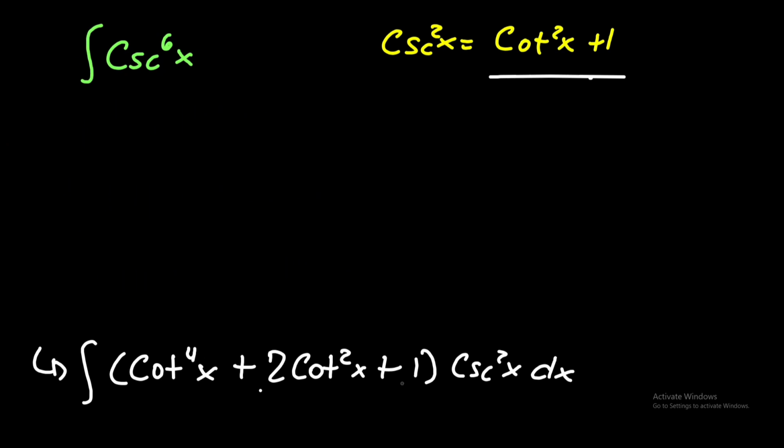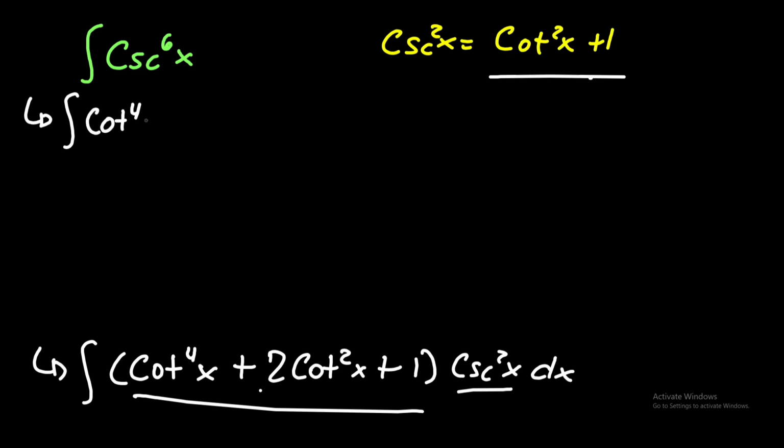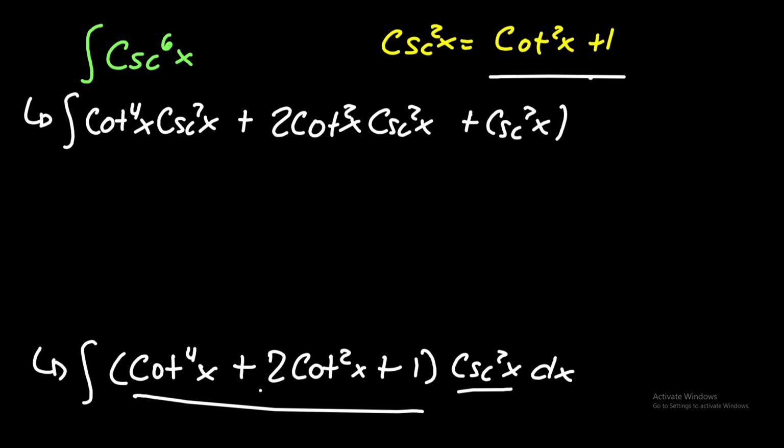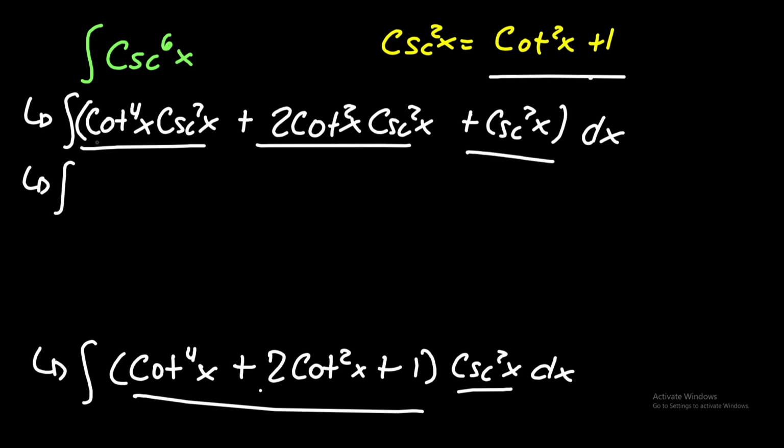We will distribute cosecant squared of x amongst these parentheses. So we will have cotangent to the power 4 of x multiplied by cosecant squared of x plus this value, and we can split this integral apart into 3 parts.